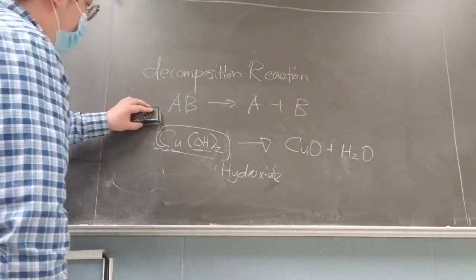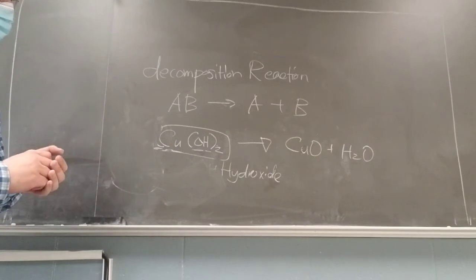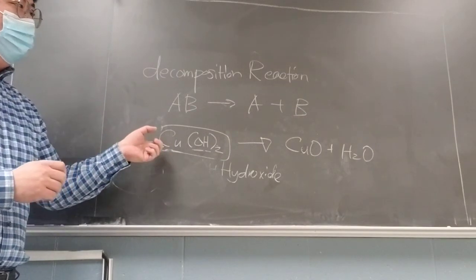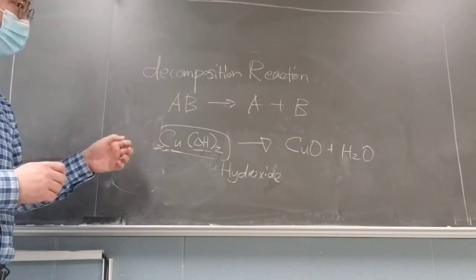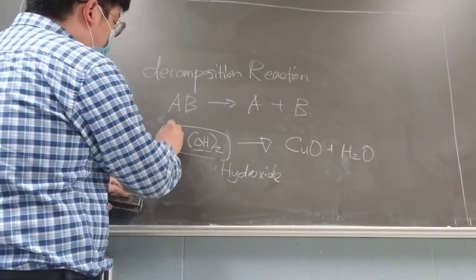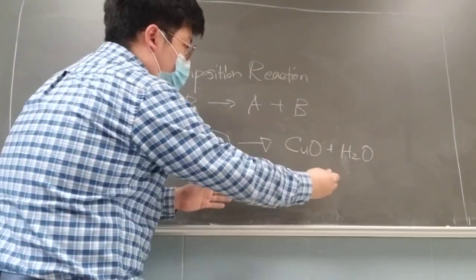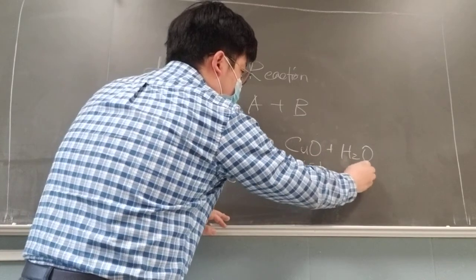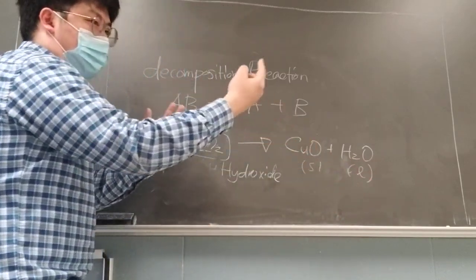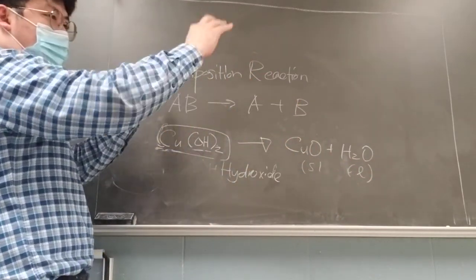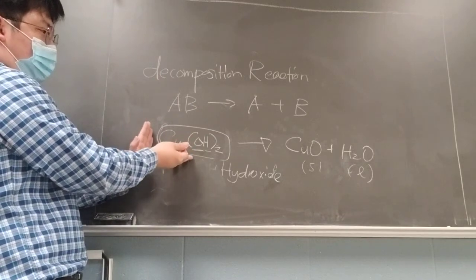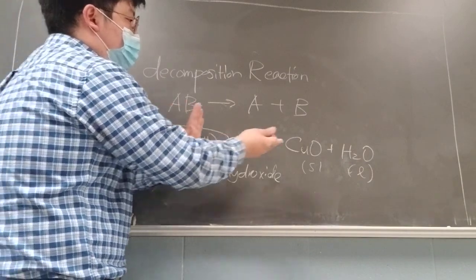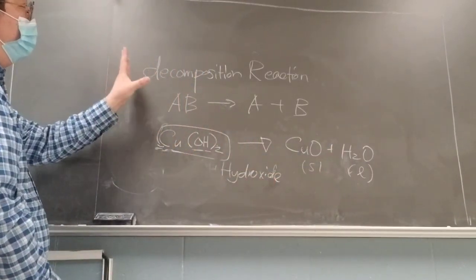Anyway, in this case, as you can see, this is copper(II) hydroxide here, and it needs to break apart into other products. So one reactant separates into two products. It's a good example of decomposition.